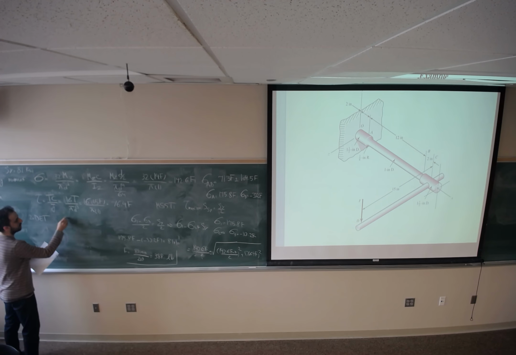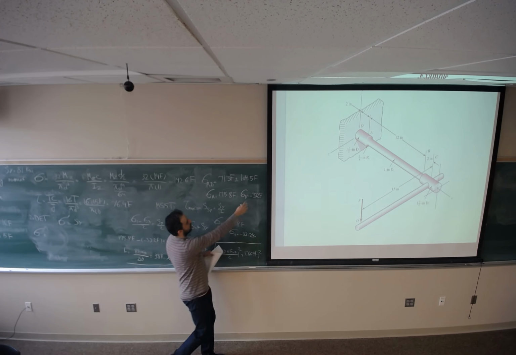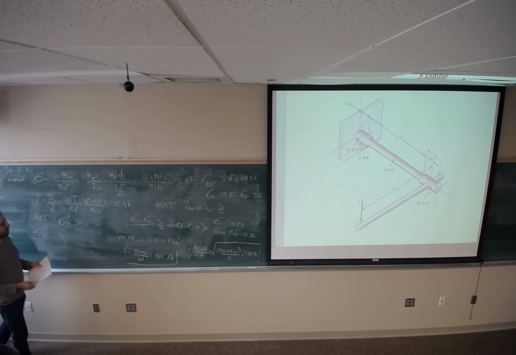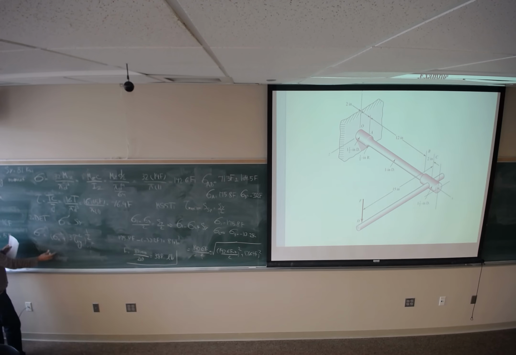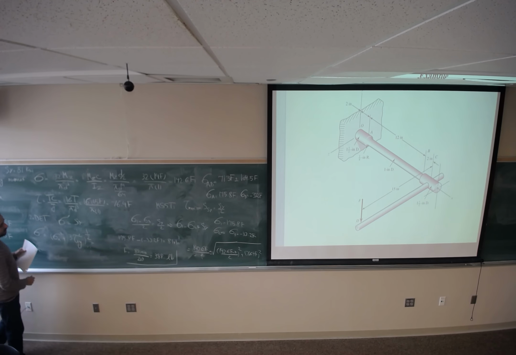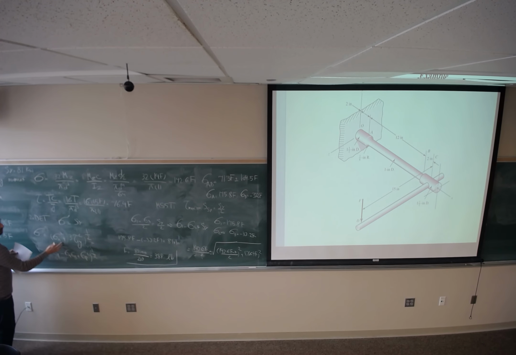So for this, I should set it equal to SY. We could either use sigma A and sigma B, or use this one: (sigma x squared plus 3 tau xy squared) to the power 1 over 2. Sigma y is 0, so the only terms left are sigma x squared plus 3 tau xy squared. Or use the other one: sigma A squared minus sigma A sigma B plus sigma B squared. It's easier for this case.